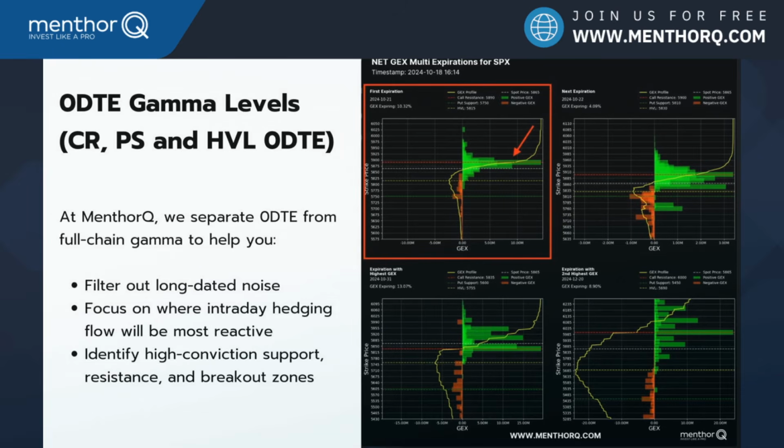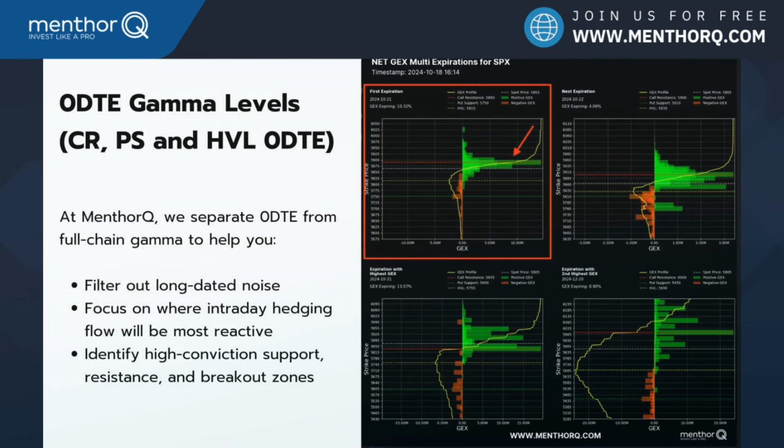All right. Next, we're going to go into our 0 DTE level, and again, why this is important. What happens if we isolate just the options expiring today? This is where the 0 DTE gamma levels come in. This is a very important lens for intraday trading.